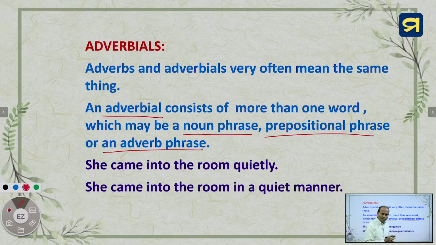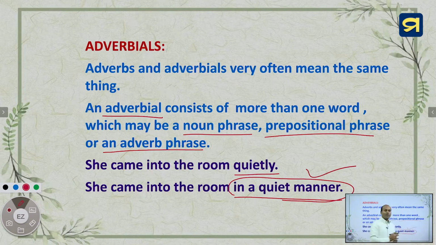See the example given here. She came into the room quietly. We can say it another way: she came into the room in a quiet manner. We have observed quietly in the first sentence and in a quiet manner in the second sentence. They express the same meaning. Here, in a quiet manner is the adverbial.